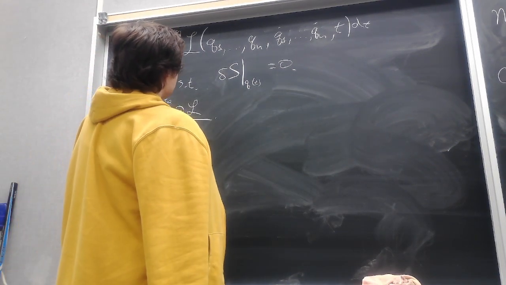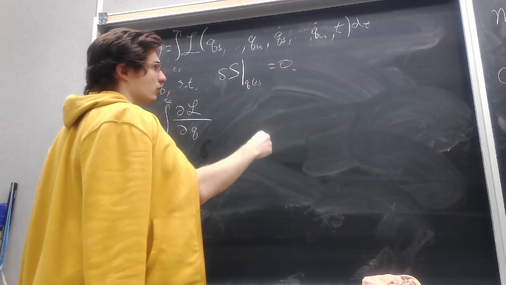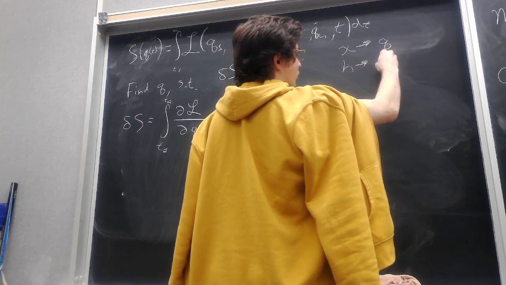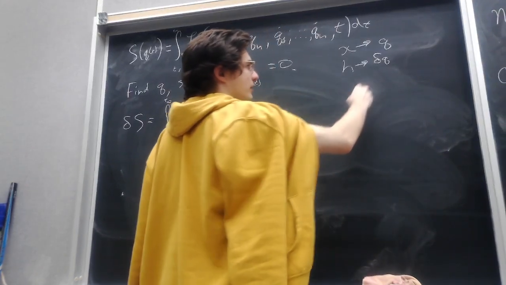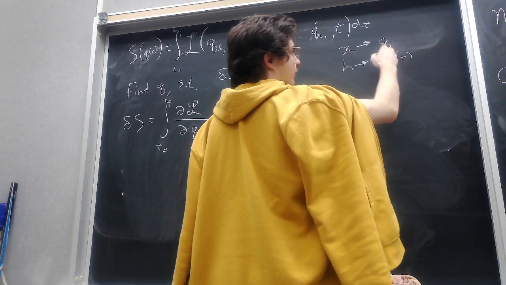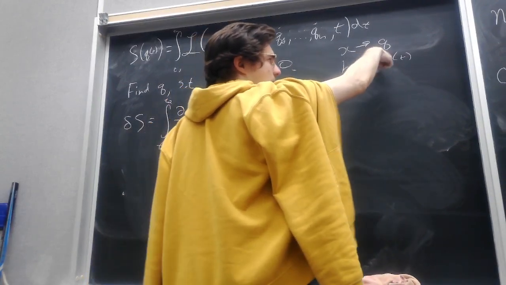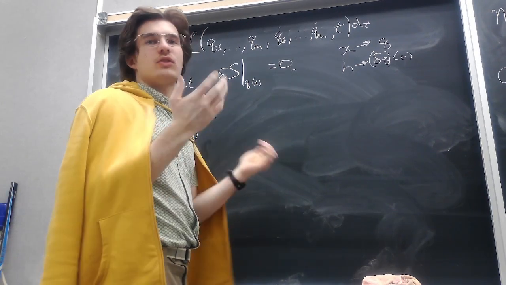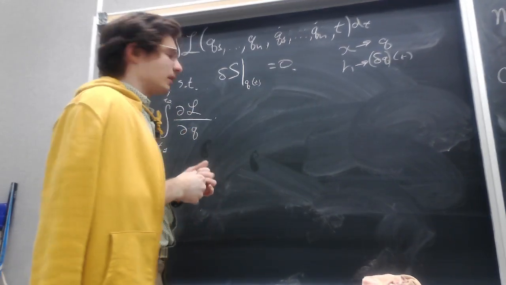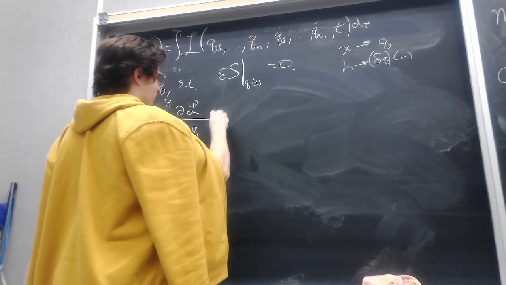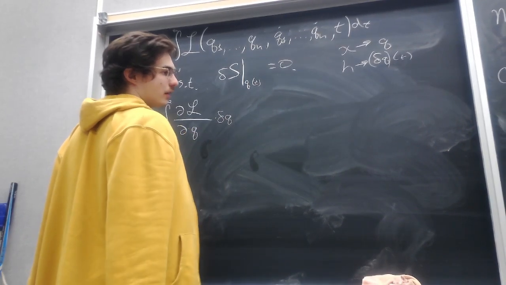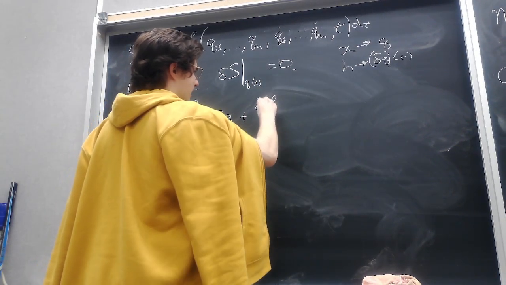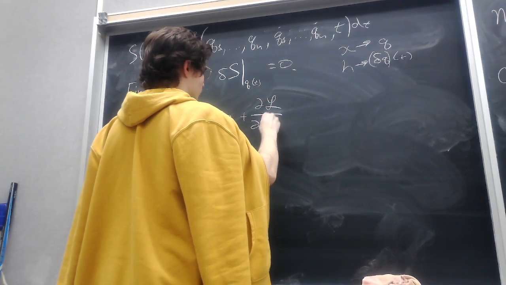So instead of X I'm going to write Q, and instead of H I'm going to write delta Q. Think of del Q as a function. It's one symbol together, and it's just what I write now instead of H. It's just convention. So by little delta Q. And now we have partial L, partial Q dot.